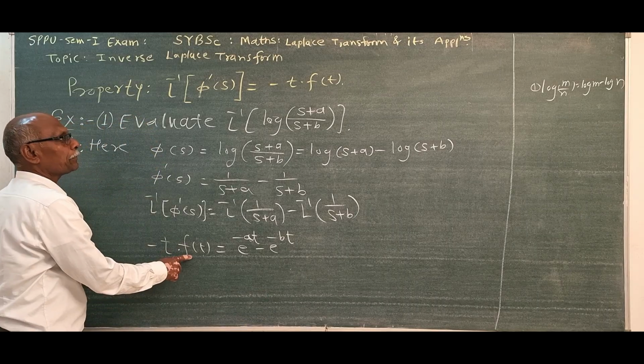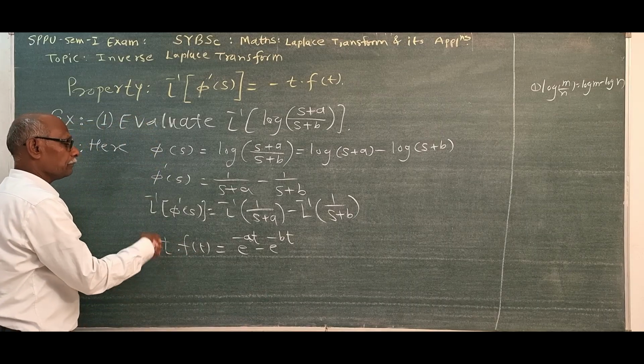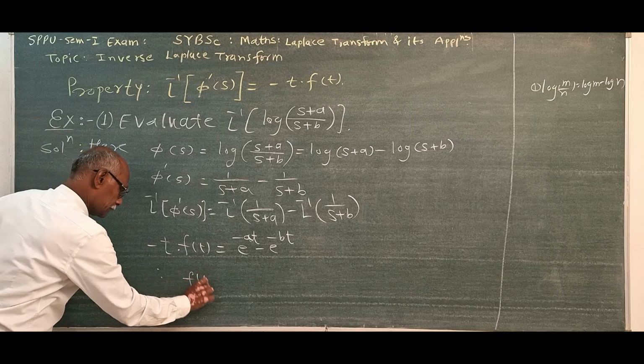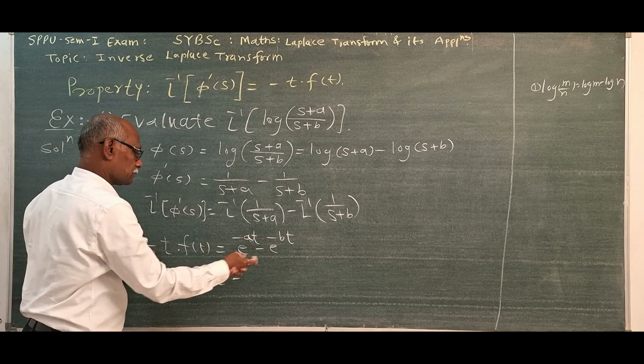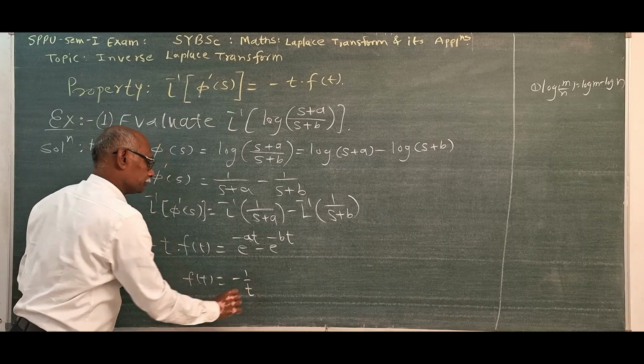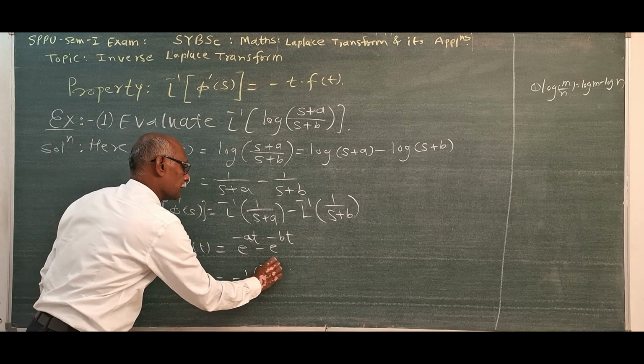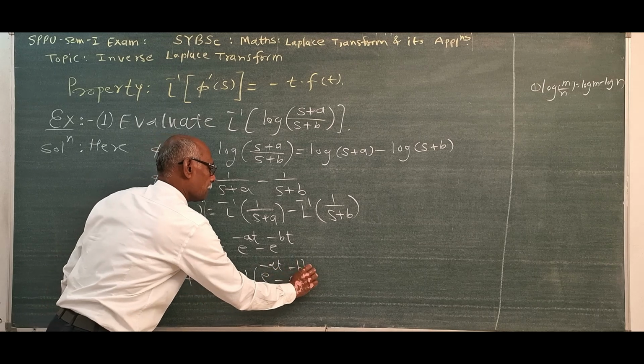But we want f of t, because f of t is supposed to be the inverse of phi. And therefore here f of t is equal to minus 1 upon t, because t is multiplied. Here we write minus 1 upon t into (e raised to minus at minus e raised to minus bt).